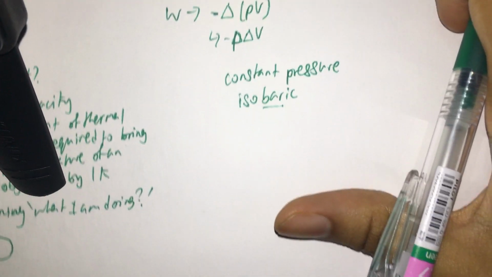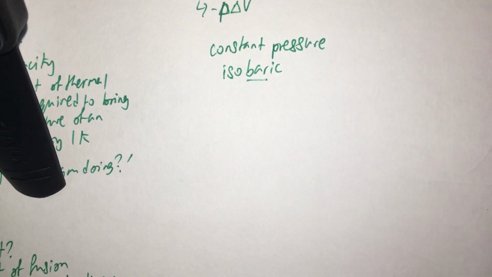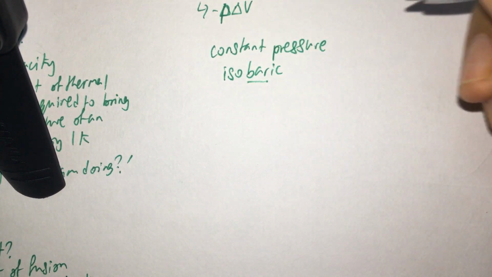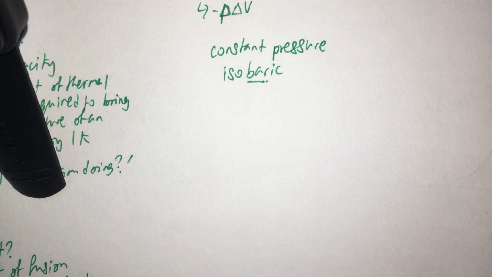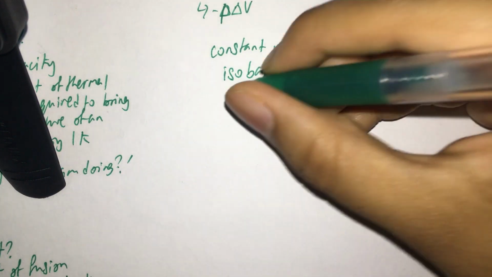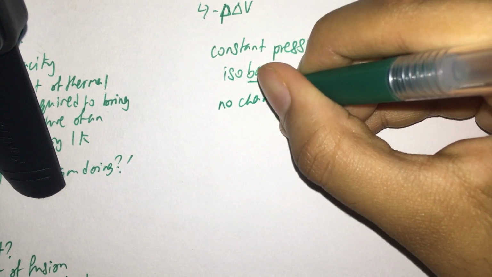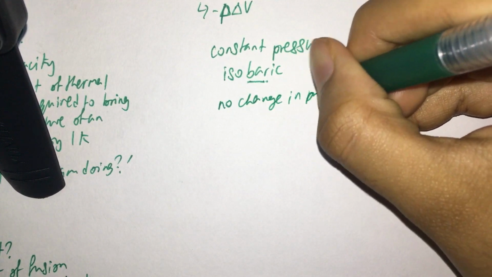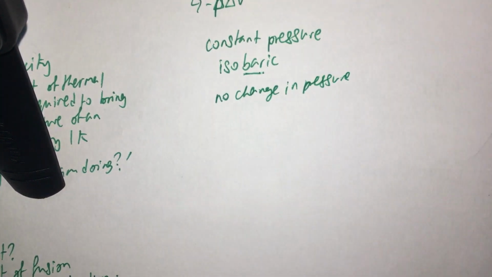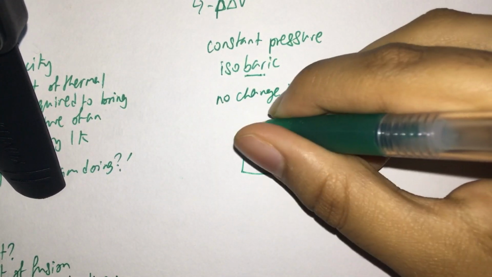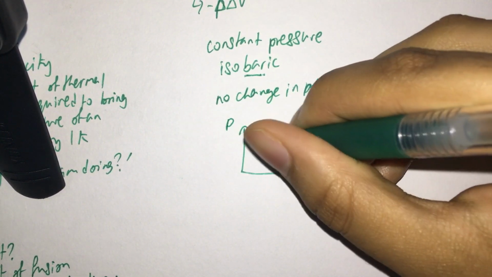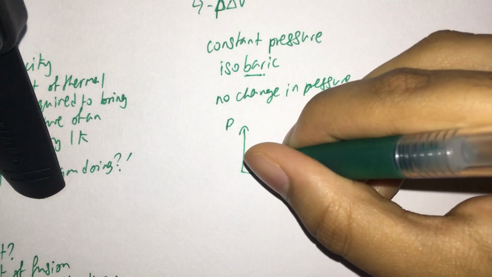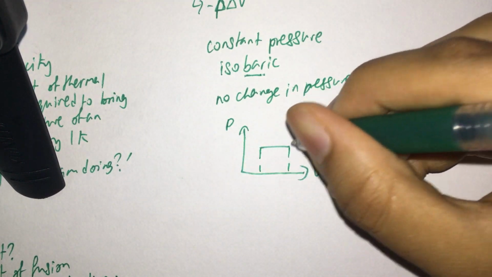Okay. So when it is isobaric, aka constant pressure, your pressure won't change. But if your volume changes, then you definitely have some work happening in the system. And from there you can calculate the work done on the system with pressure times the negative of the change in volume.